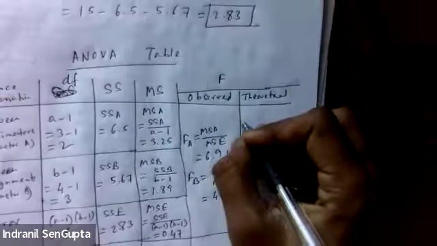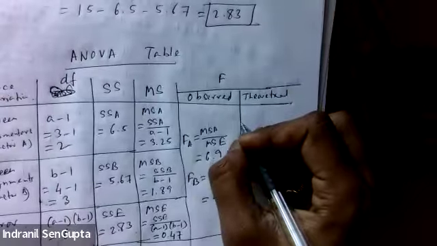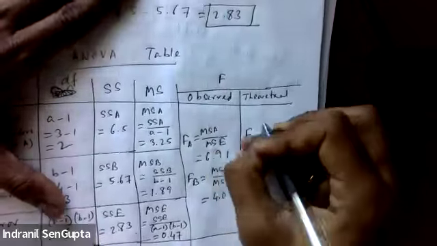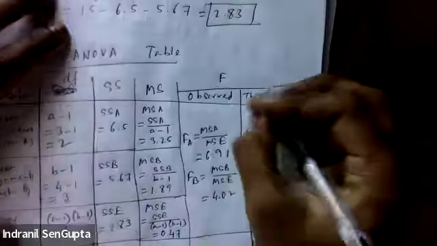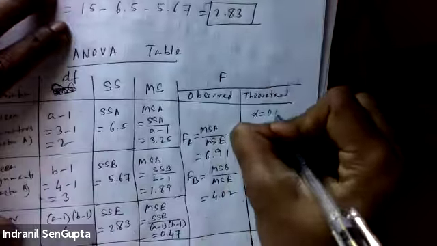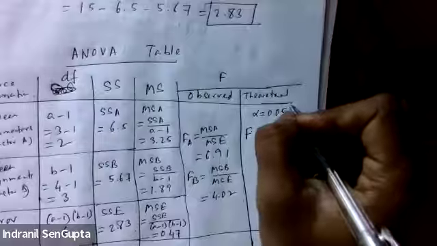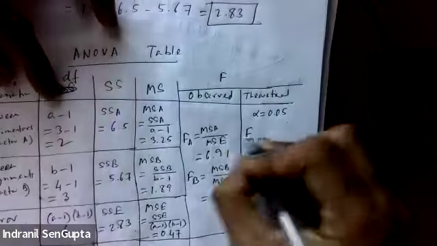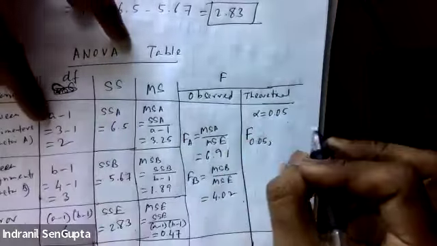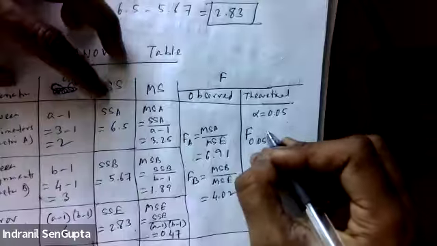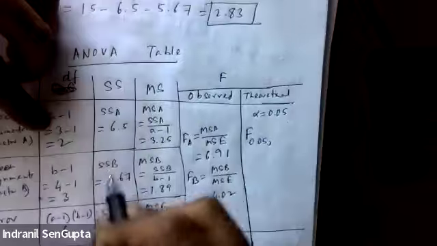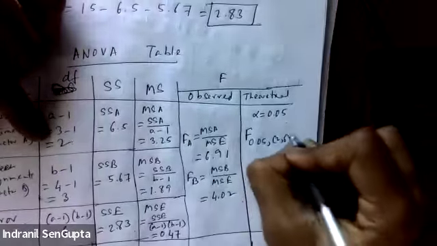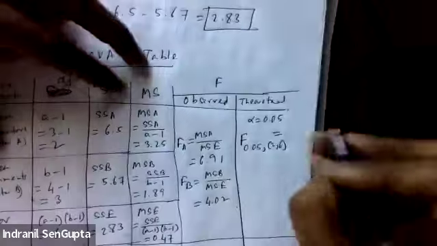The corresponding tabulated value with significance level alpha equals 0.05, F of 0.05, for the degrees of freedom 2 and 6 is given by 5.14.